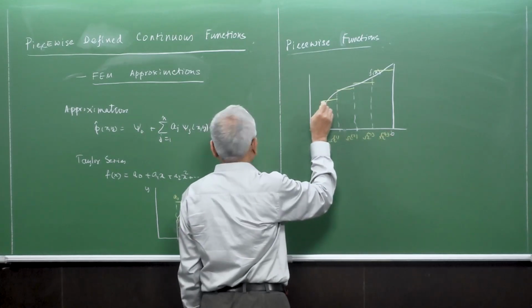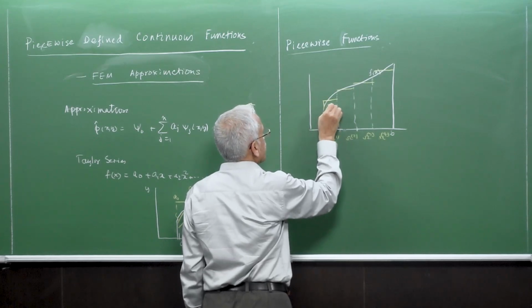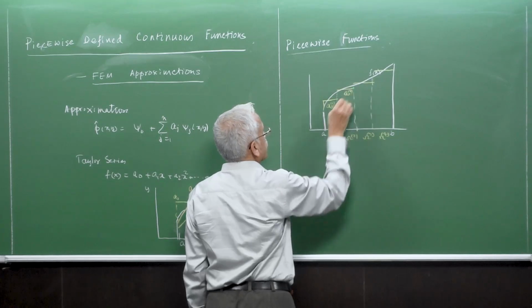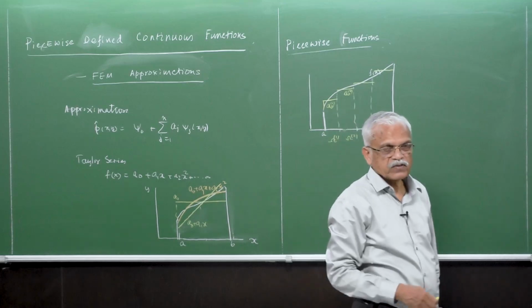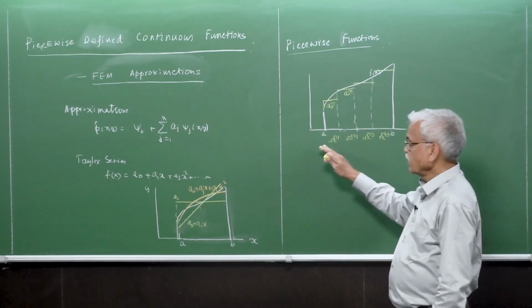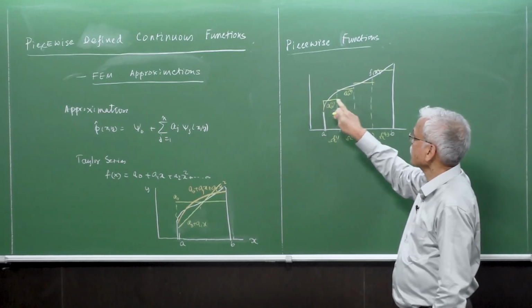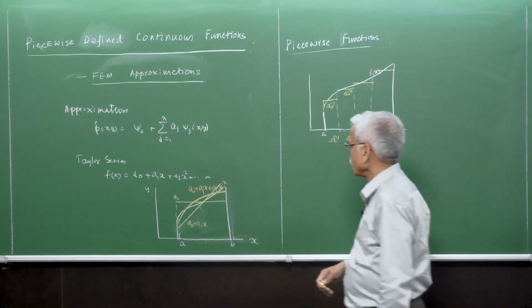Here this is equal to a0 as defined in 1, and this is a0 as defined in 2, and like this. So this is called a piecewise defined function. In each part here, this is a continuous function, so this is a piecewise defined function in each of these subdomains.